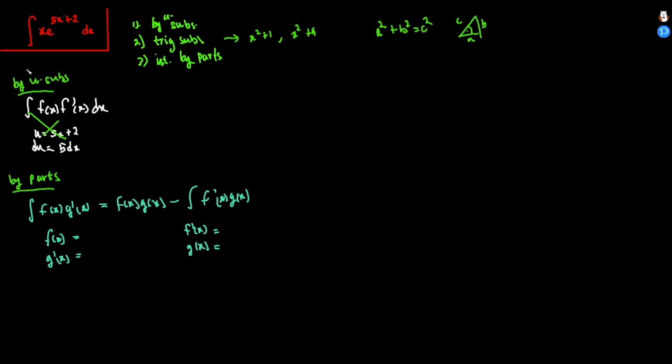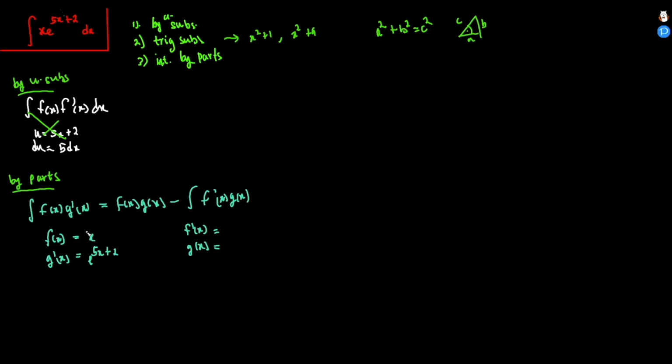So in this case, I'm just going to go ahead and let f of x equal x, and let g prime of x equal e to the 5x plus 2.